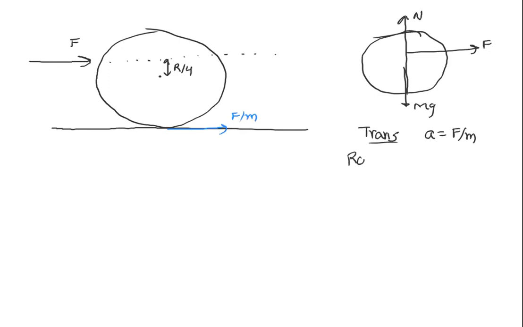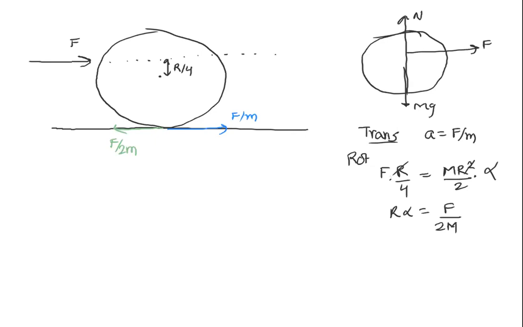Then for rotation, F into R by 4, this is the torque now, is equal to mR square by 2 into alpha. R cancels. R alpha now comes out to be F by 2m. So the acceleration due to rotation is F by 2m.